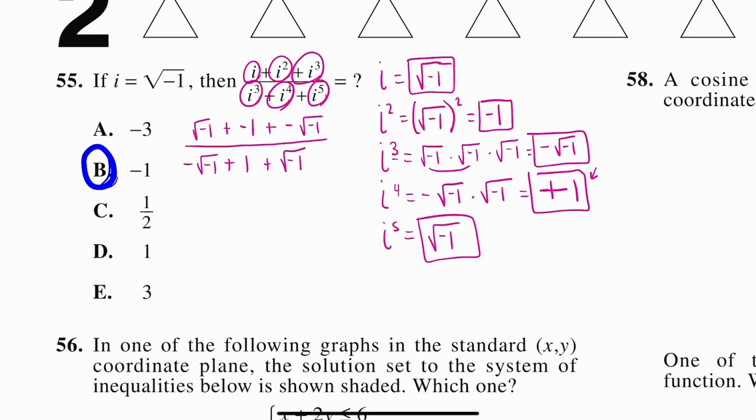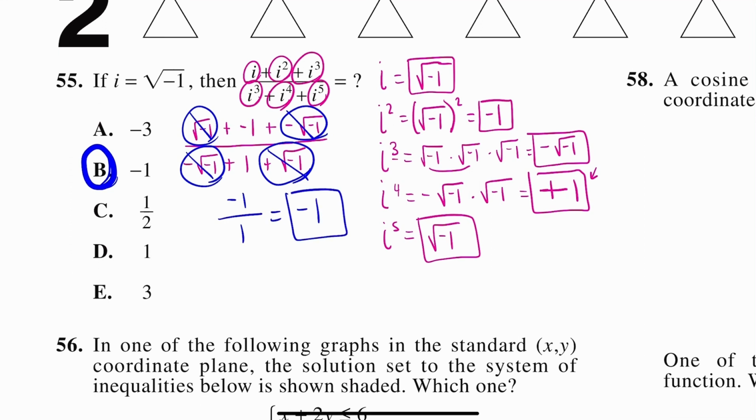So let's combine like terms. The square root of -1 minus square root of -1, those are gone. Negative square root of -1 plus square root of -1 also cancel out. So we're left with -1 over 1, which is just -1. There was a lot of -1s going on there. So our answer is B.